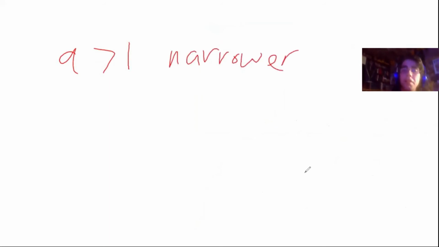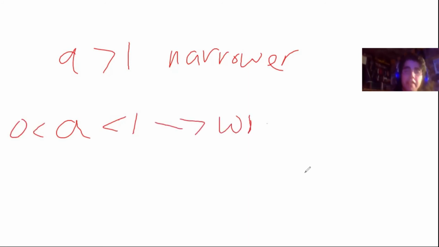And we know that if a is more than 1, we get a narrower graph. And the higher the number for a, the narrower the graph becomes. Therefore, when a is less than 1 but more than 0, our graph becomes wider as the number for a gets closer to 0.